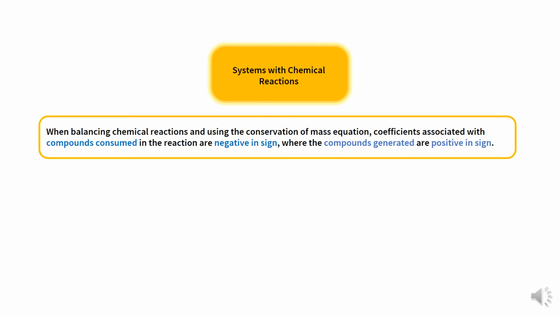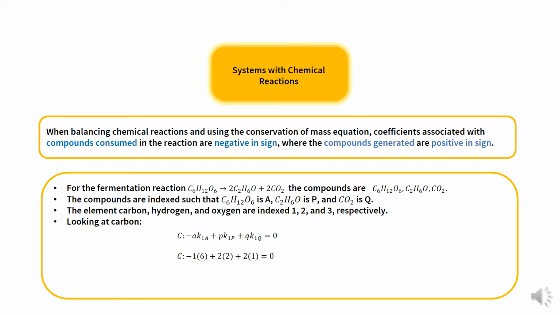When balancing a chemical reaction using the conservation of mass equation, coefficients associated with compounds consumed in the reaction are negative in sign, and coefficients associated with compounds generated are positive in sign. We have to note that to solve for n stoichiometric coefficients, there must be n element equations.